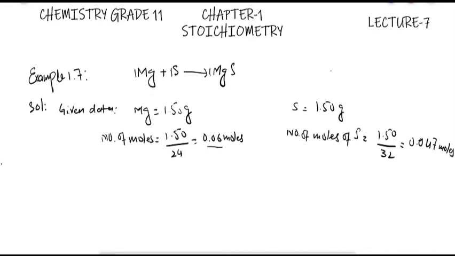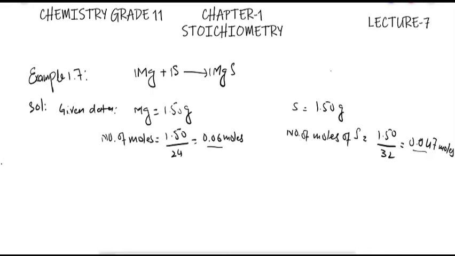But what we have in hand is 0.047 moles of sulfur. So the requirement is more than what we have. So we have lesser amount of what is required for a reaction with 0.06 moles of magnesium. So that means sulfur is the limiting reactant.